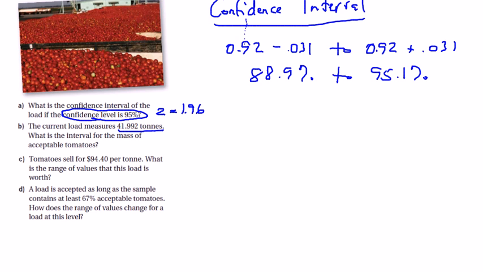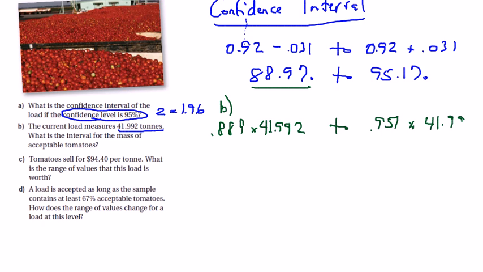So basically 88.9% of 41.992 tons, all the way up to a high end of 0.951 times, oops, it should be 41.992, and those work out to 37.33 to 39.93 tons.